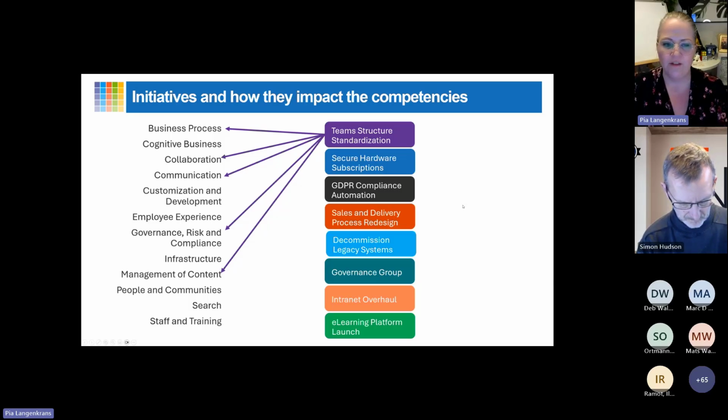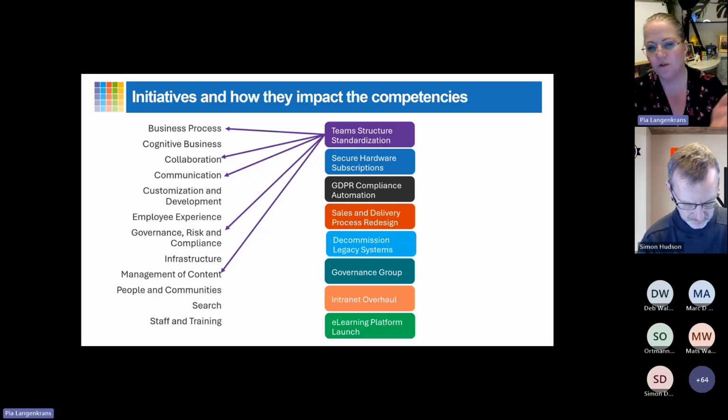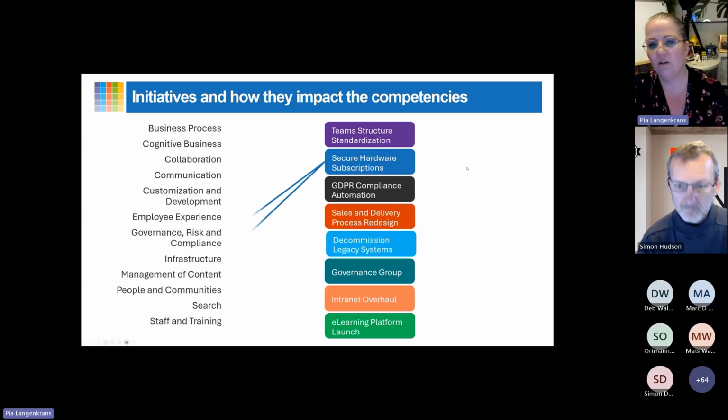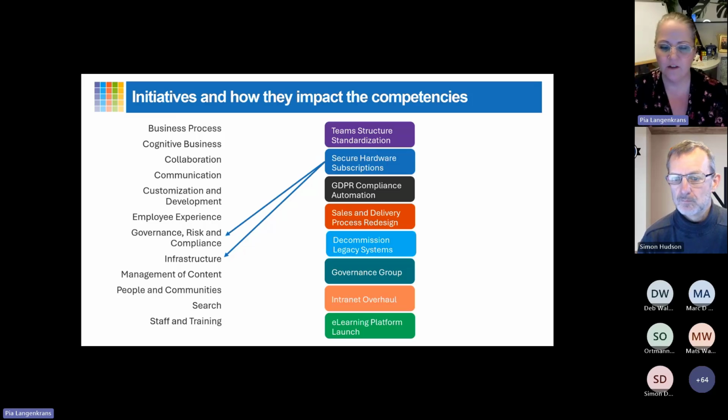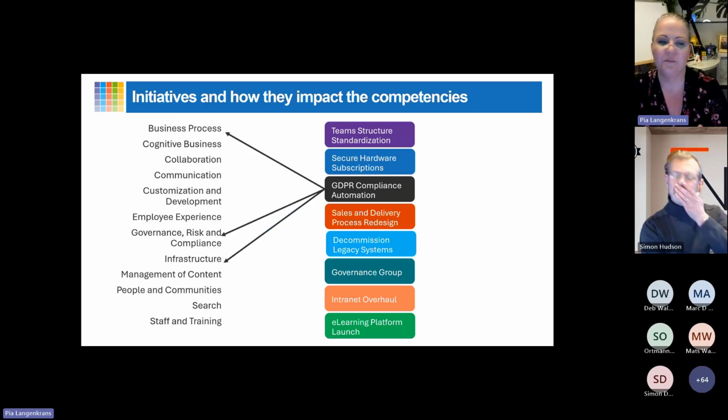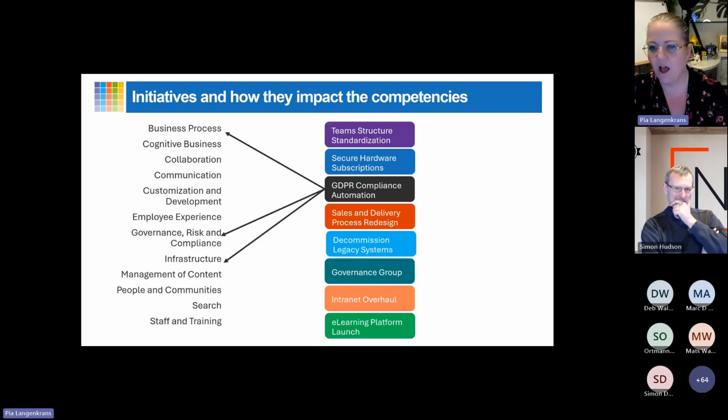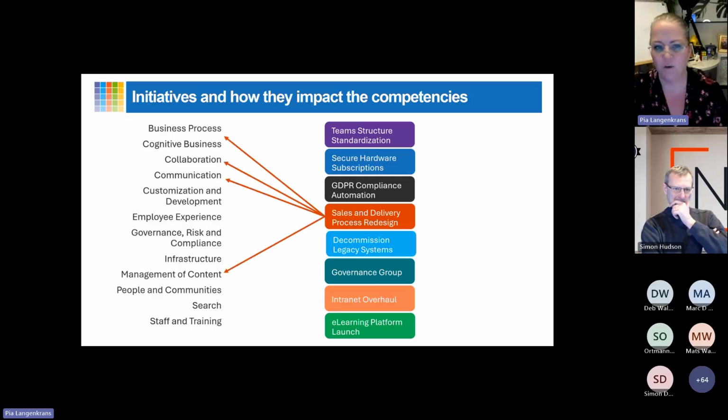So even though we start looking from the competencies to see what your culture is now, so many of these different kinds of initiatives impact several competencies, and some are dependent on each other. So we can see that infrastructure gets a lot of impact in going on all of these things.